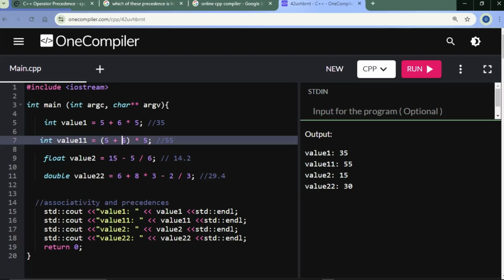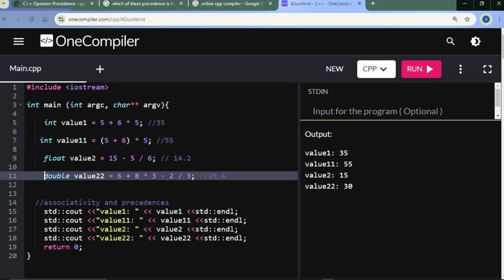You can try it yourself as practice, using parentheses to decide which one you want to work on first as precedence.